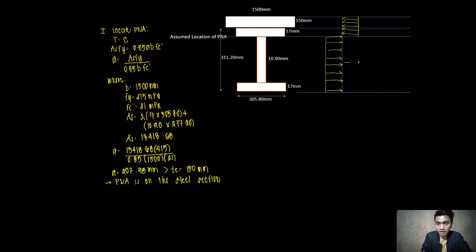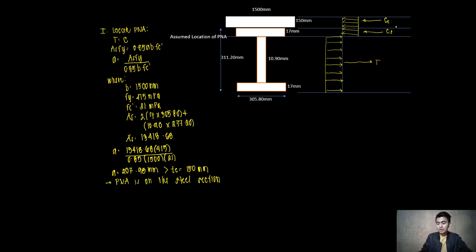I will have here the tension caused by the web and the bottom flange. And at this part, since we assume that the location of our PNA is in the flange, I will have compression due to the concrete and compression due to the steel itself.